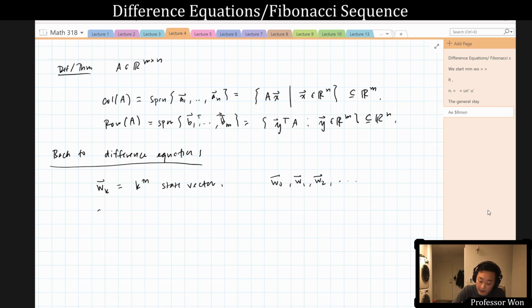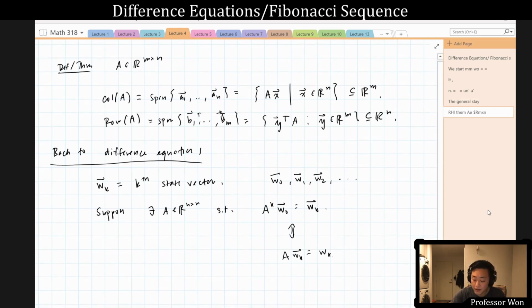And let's suppose that there exists a matrix A such that to get to the kth state, you can just multiply A to the k by w_0. In other words, suppose you have a matrix that takes you from one state vector to the next. This is the same thing as A times w_k equals w_{k+1}.